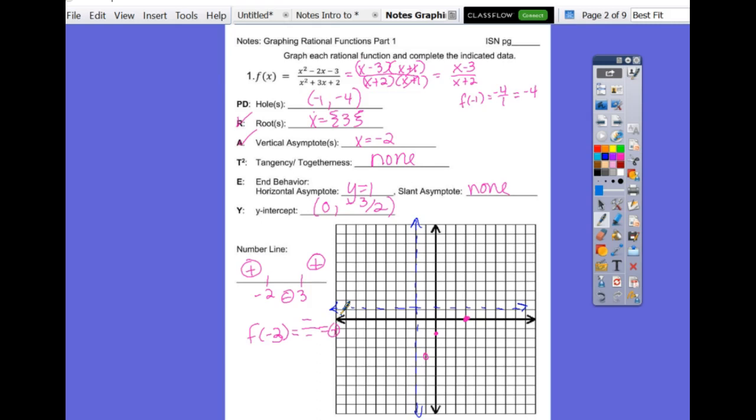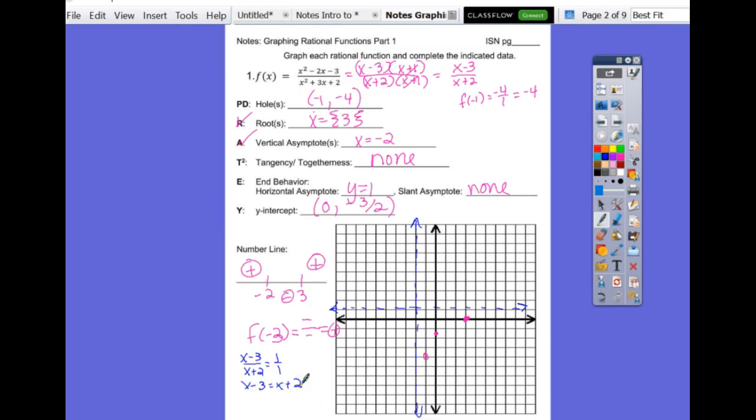So what do you think will probably happen? You think it's going to cross? We're going to have to test to see, correct? So I'm going to take my reduced function, and what's the y value? 1. So I'm going to set them equal to each other. So I have x minus 3 over x plus 2 equals 1 over 1. When I cross multiply, I get x minus 3 equals x plus 2.